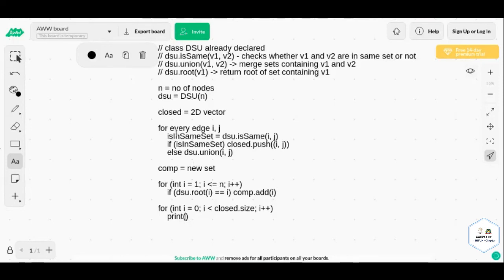We will iterate over all the closed roads, and first of all we will print closed of i of 0. That is, closed i is the ith road to be closed, its first part is the first node, and the other is the second node. And after that we will connect comp of i and comp of i plus 1.